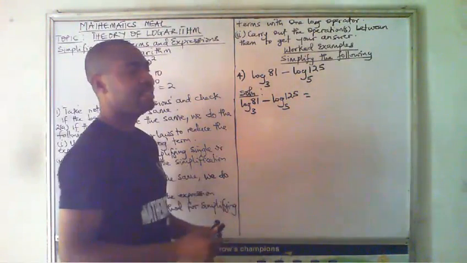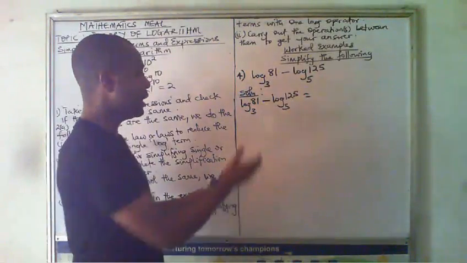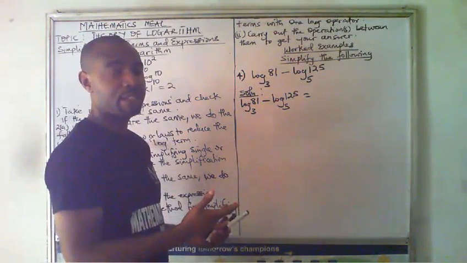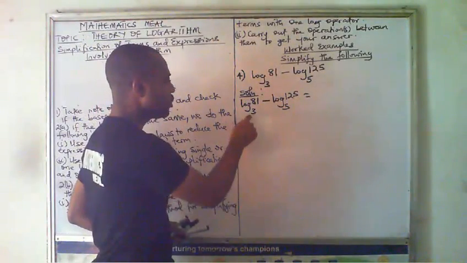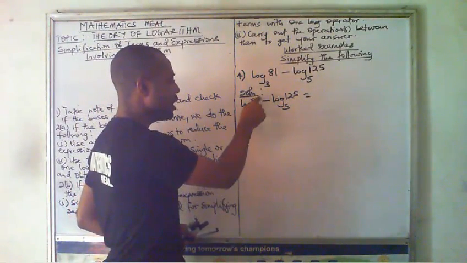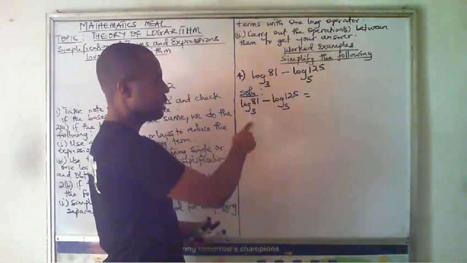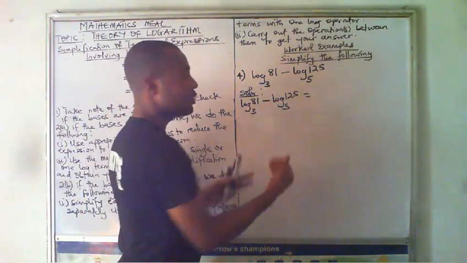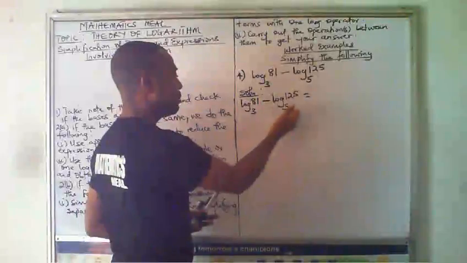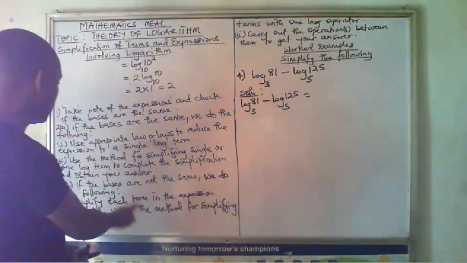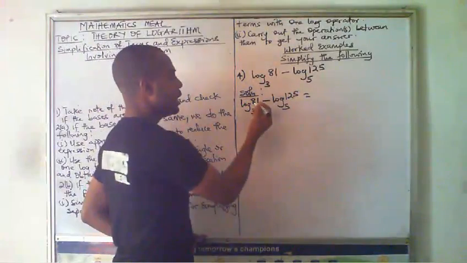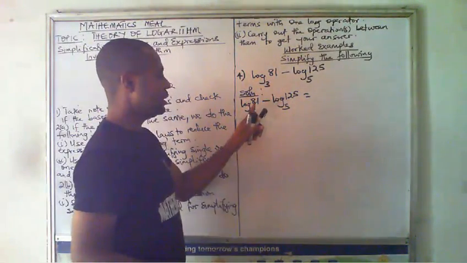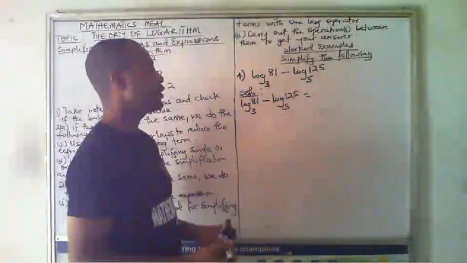If we apply the indicial method, the ancestors method, we need to discover the ancestor of 81 and 3. Remember, the reason we are not reducing it to a single log is because the bases are not the same. So we are using these steps now. The ancestor of 81 is 3, and 3 is an ancestor of itself.